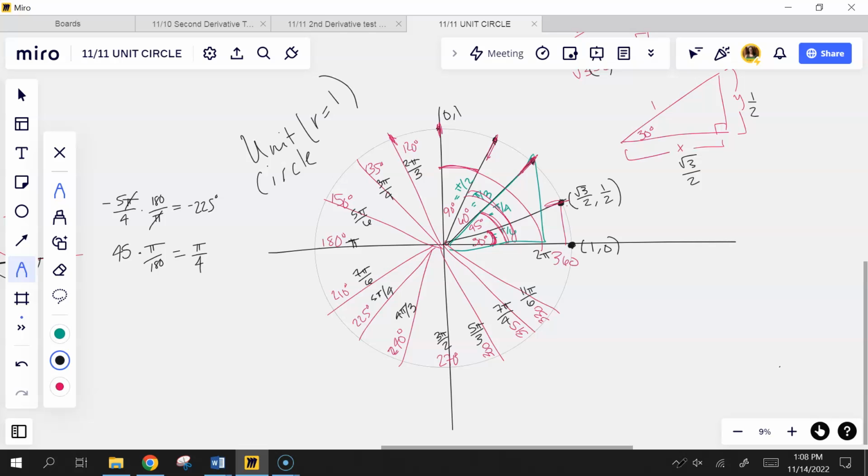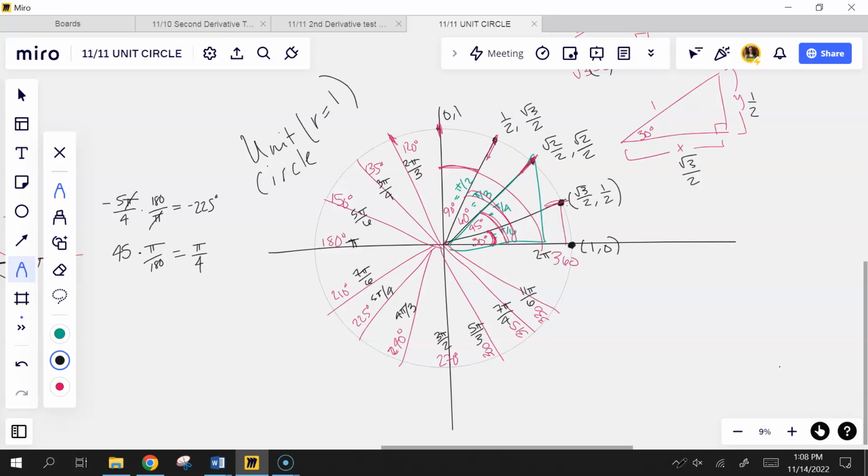All right, let's fill in the coordinates. Coordinates are easy because you simply remember what's positive, what's negative, where I am: cosine, sine. The unit circle is very handy because we're going to use it to find all the trig functions of these angles.